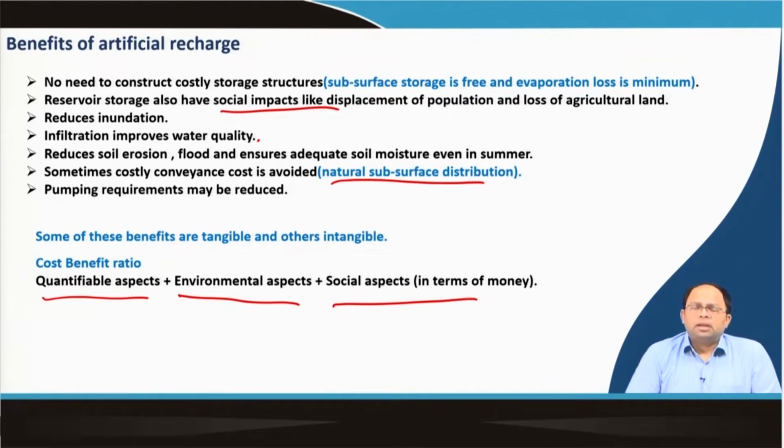That means all this has to be brought in terms of money, right. So, the money saved due to social benefits, money saved from environmental benefits, and also the quantifiable benefits that we get. Otherwise, it is very, very difficult to justify this kind of project, right.